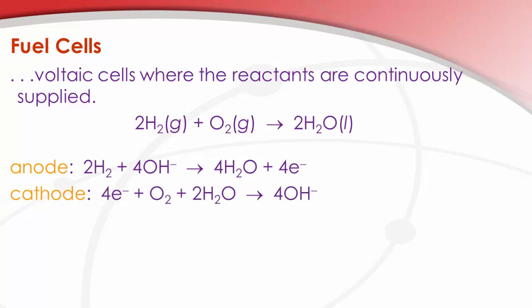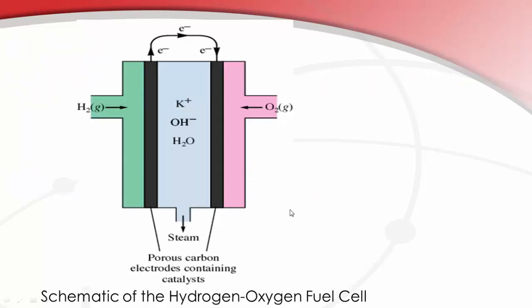So the two half reactions are given here. Hydrogen reacts with hydroxide to form water and electrons, and over at the cathode, the oxygen reacts with these electrons and water to form hydroxide. Okay, and so here's a cartoon of a hydrogen-oxygen fuel cell where hydrogen flows in, oxygen flows in, a reaction occurs in the center region, and the only emission is steam.